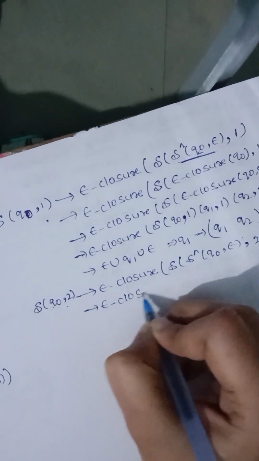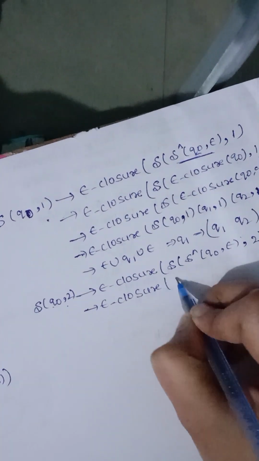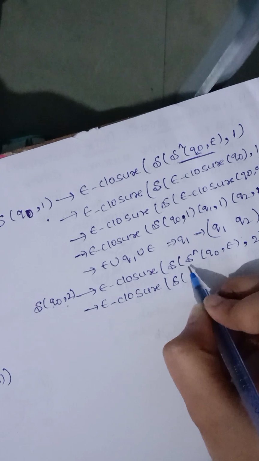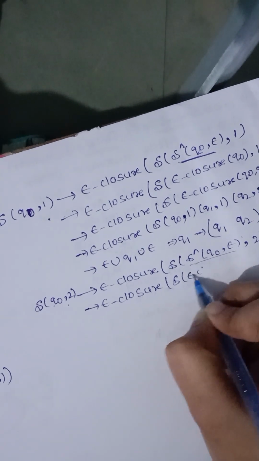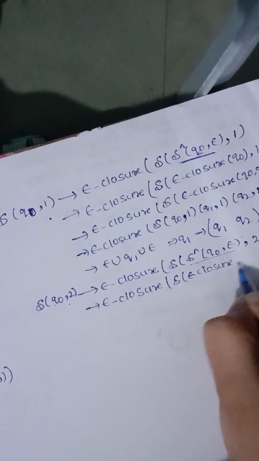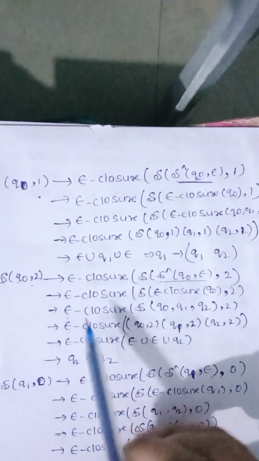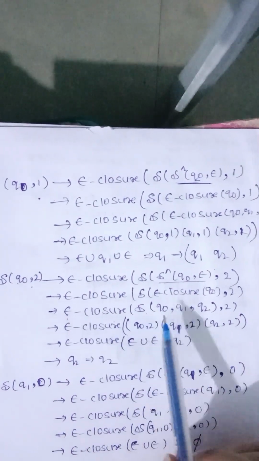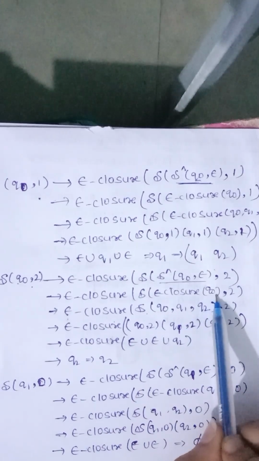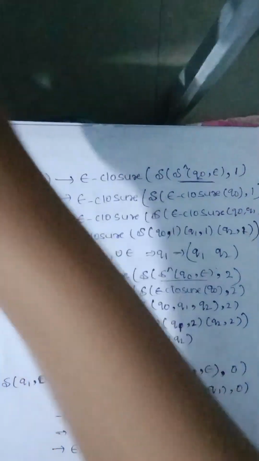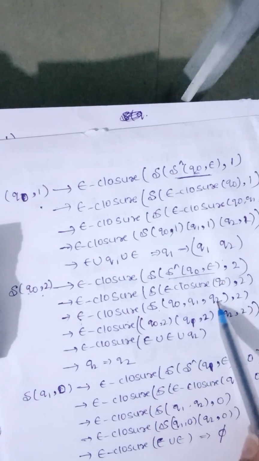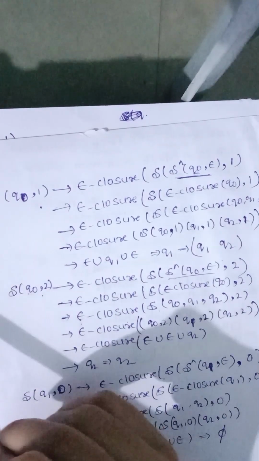Epsilon closure of delta of epsilon closure of q0, what is that? q0 has q0, q1, q2. So for q0, q1, q2 we will check with 2.